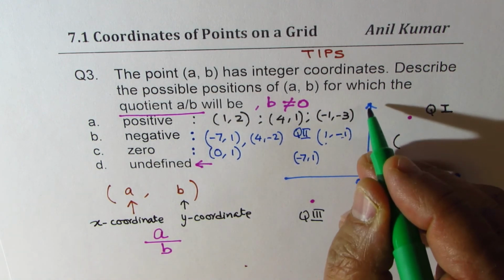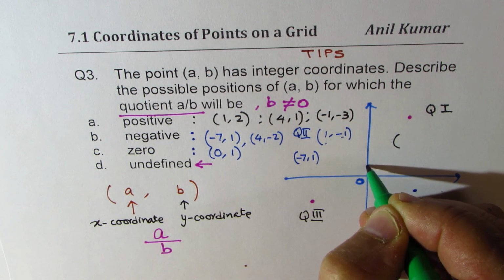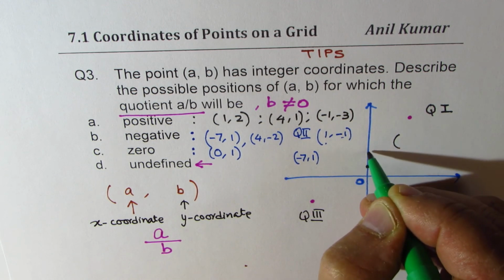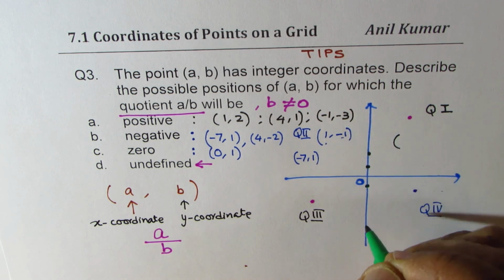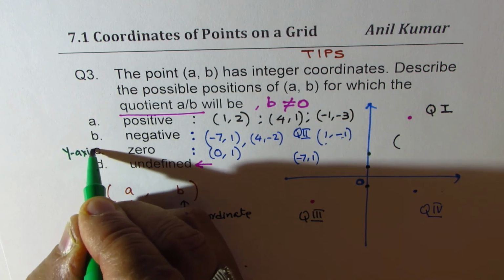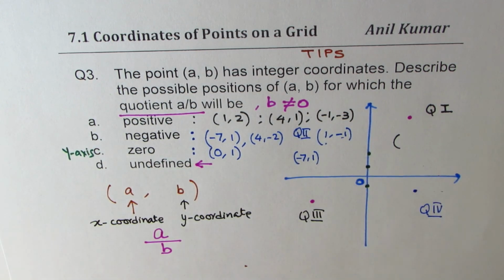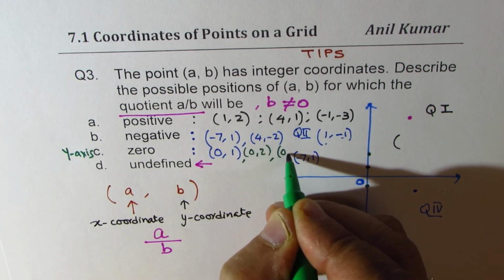The A value will be 0 if you are talking about the y-axis, right? So (0, 1), (0, 2), or even (0, -1), or wherever. These are the points on the y-axis.